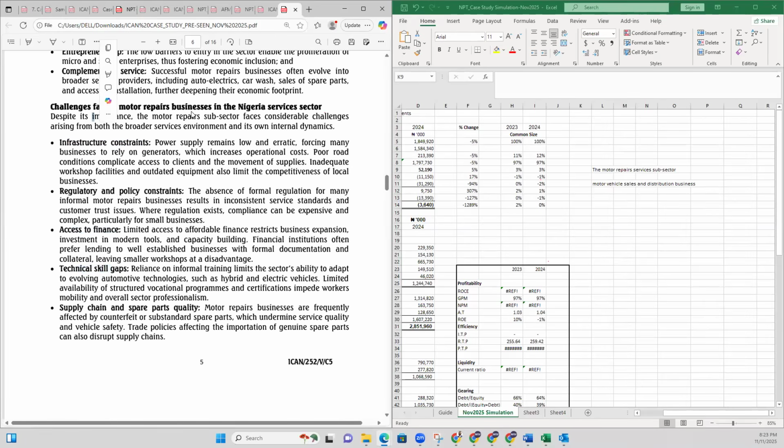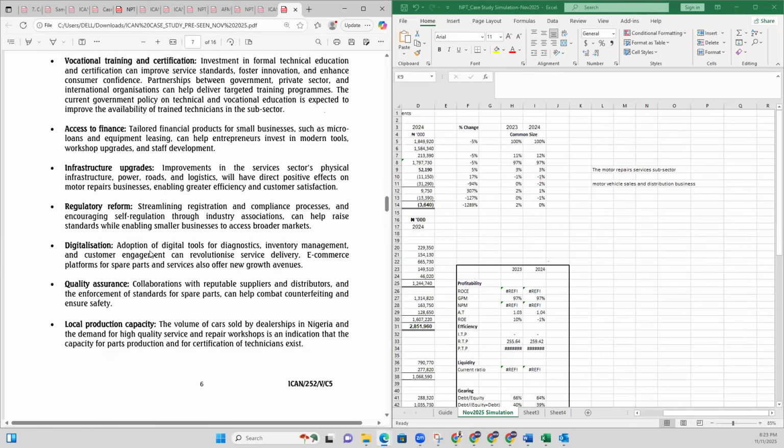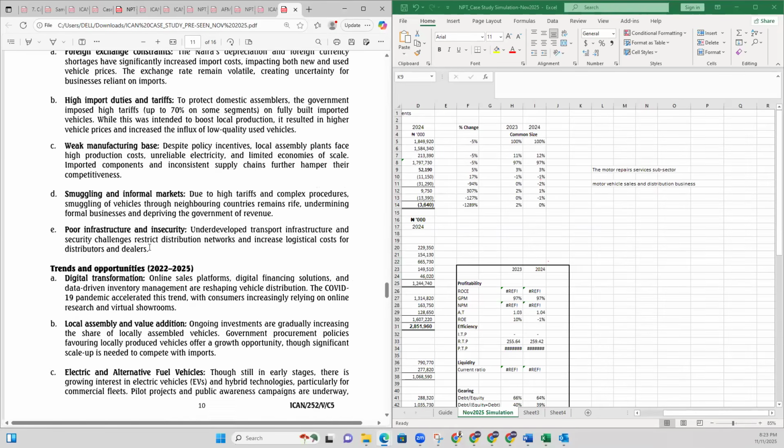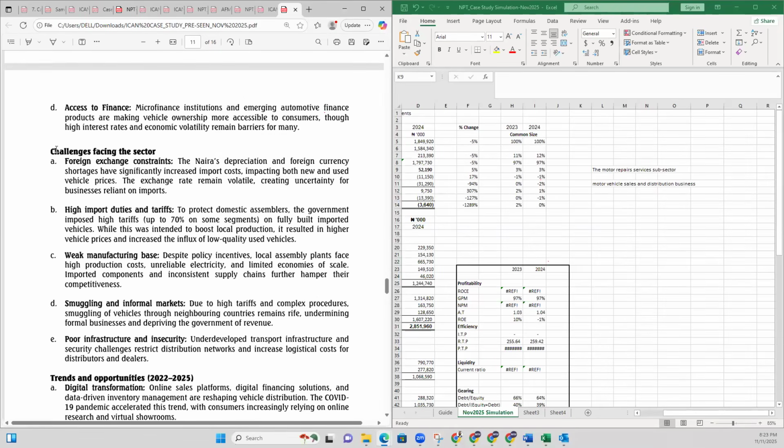That's when it comes to things like repair, where a larger percentage of people in that sector are in the informal sector, like the normal roadside repairers and all. But what we are looking at here are the guys that are distributing, that are selling cars. So if we are talking about challenges now, look at what their own challenges look like.